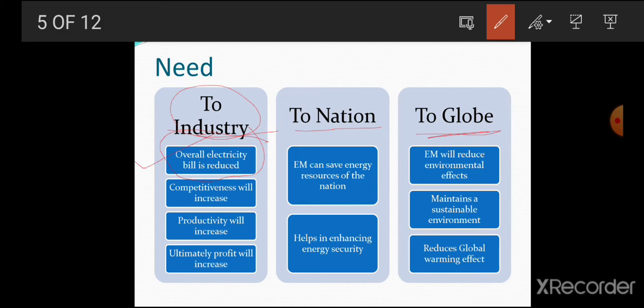Second, if the cost of electricity is reduced, profit will increase. That may reduce the cost of production, so the competitiveness will increase. Then third, productivity will increase.